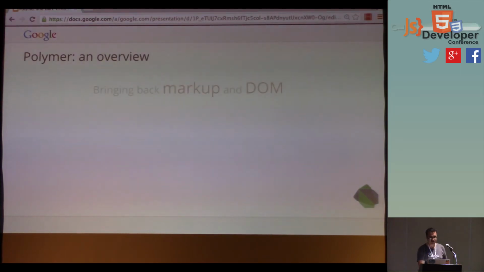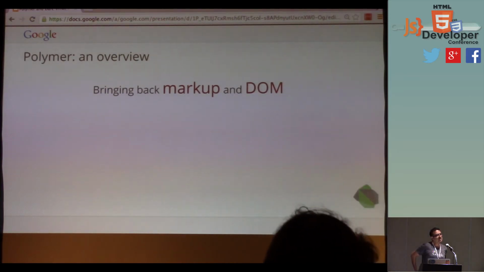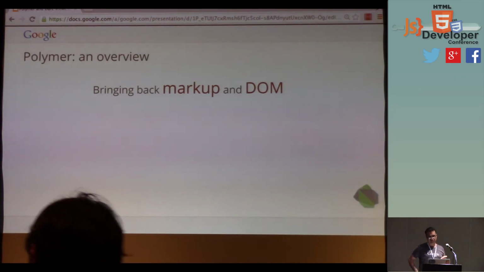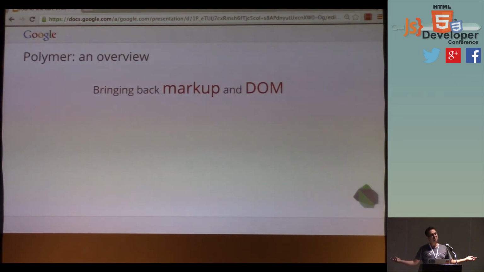So I'll give you a broad overview of Polymer. The folks who are making Polymer looked at where the web has been for the last decade or so and tried to gauge what worked well, what didn't work well, what we can do better, et cetera. One of the things that's clearly a big winner is markup. It's everywhere. It's damn easy.